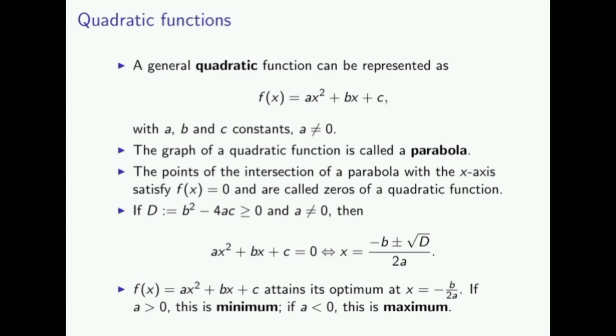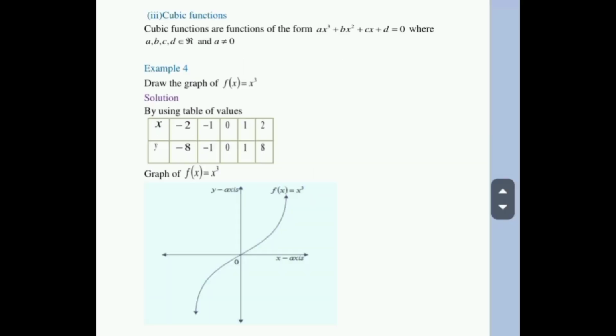If d is equal to b squared minus 4ac is greater than or equal to 0 and a is not equal to 0, then ax squared plus bx plus c is equal to 0 gives x is equal to negative b plus or minus the radical of d over 2a. f of x is equal to ax squared plus bx plus c attains its optimum at x is equal to negative b over 2a. If a is greater than 0, this is the minimum. If a is less than 0, this is the maximum.